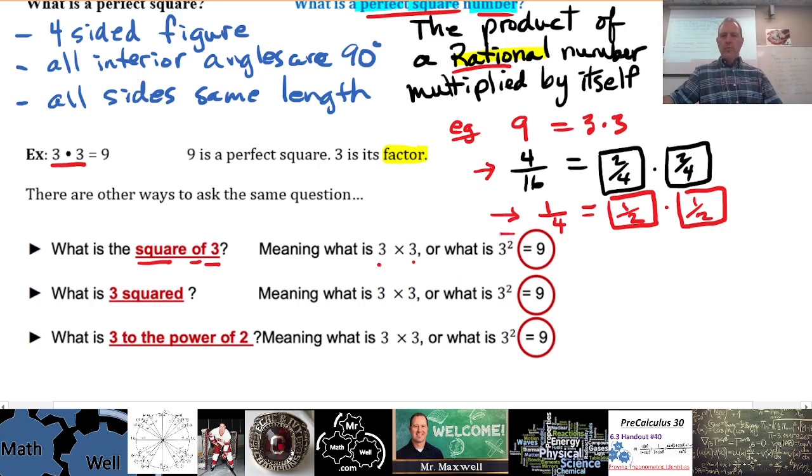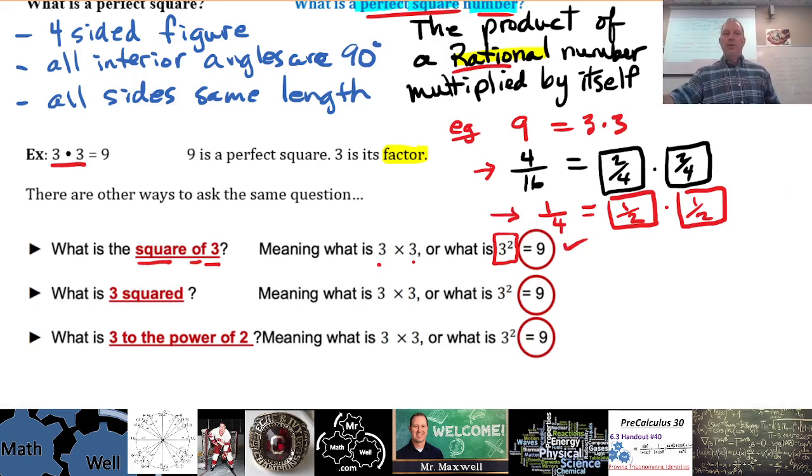Or you should remember maybe what this is. 3 to the power of 2 is actually 3 squared. So what's the square of 3? That is to say, if we have a side length of 3 and we make a square out of those side lengths, right? What is the square of 3? Well, the square of 3 would be represented by the area inside that square. So it's 3 times 3, or 9.